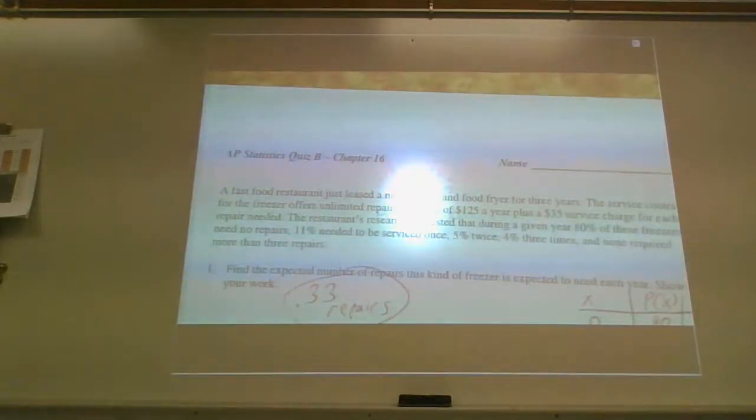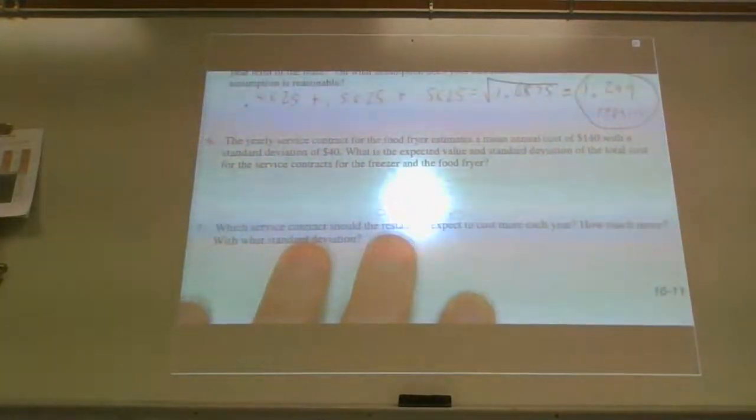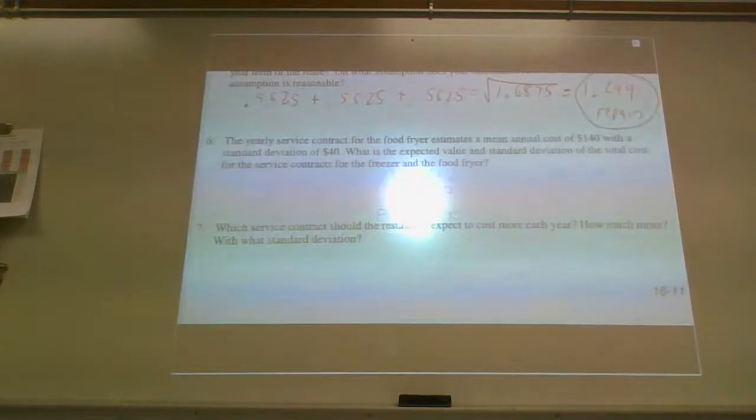Then it talked about nothing but the freezer. Now in number 6, they reintroduced the food fryer. What's the expected value and standard deviation of the cost of the service contracts now for both pieces of equipment?